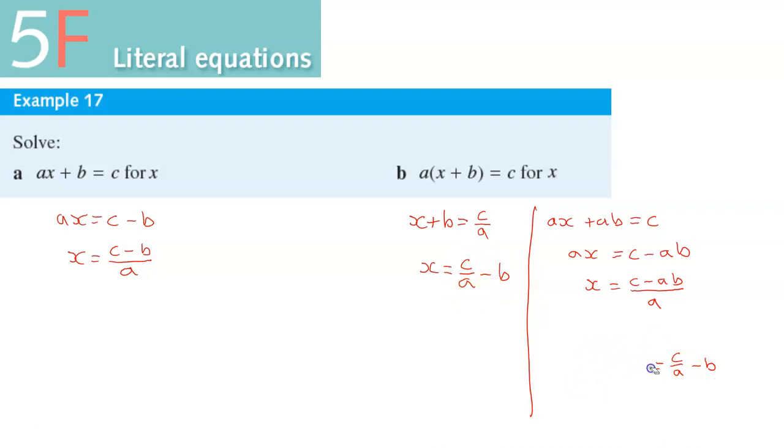Now, both of these are valid. They're perfectly acceptable to use. Sometimes one will be more useful, sometimes the other will be. The book uses only this one in its example, and so probably the solutions in the book will be in this form. However, if you want to have a go at this one, that's fine as well.